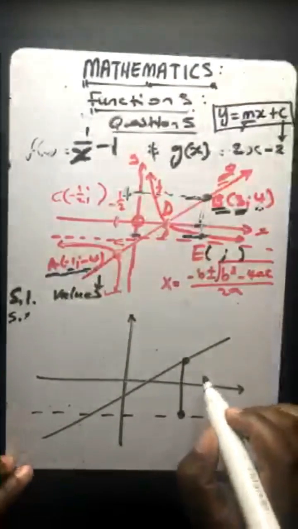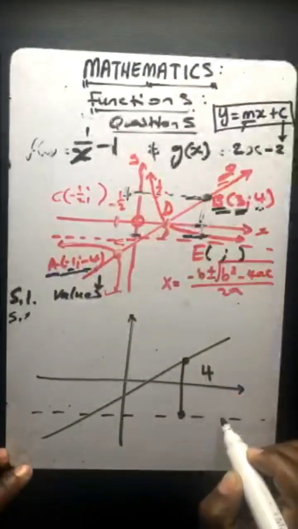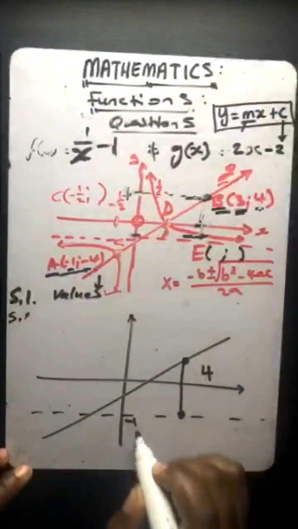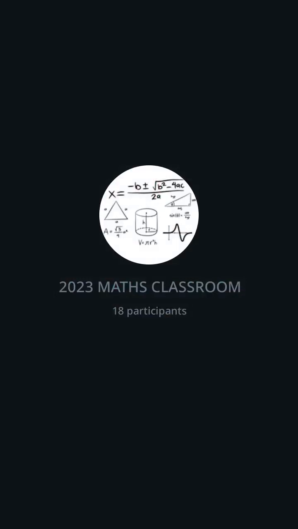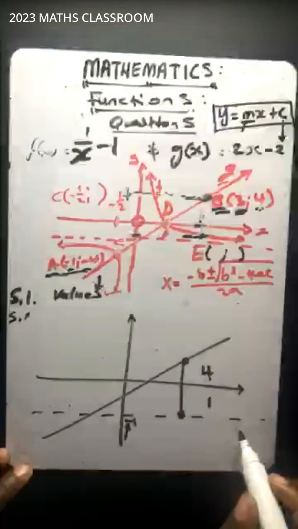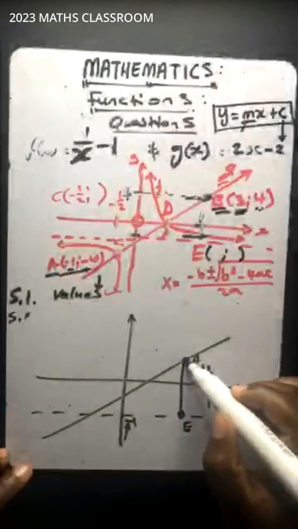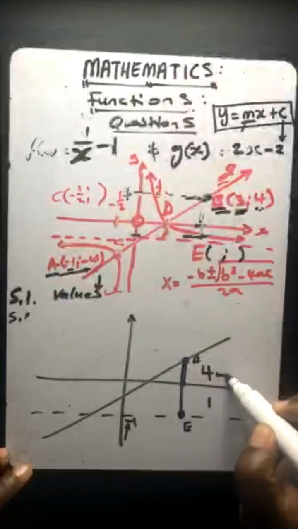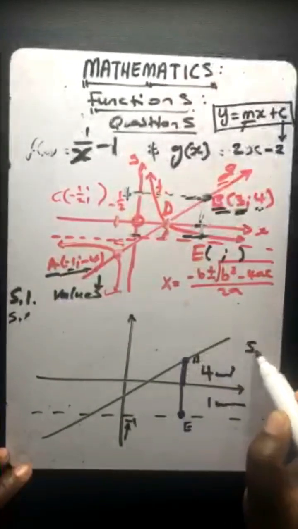So what I'm saying, honorable member, is that you have 4. Even though this is -1, in terms of distance, you forget that negative, you say 1. If you had to walk from that point being B to this point being E, you are going to walk 4 units and another 1 unit. In total is 5 units.